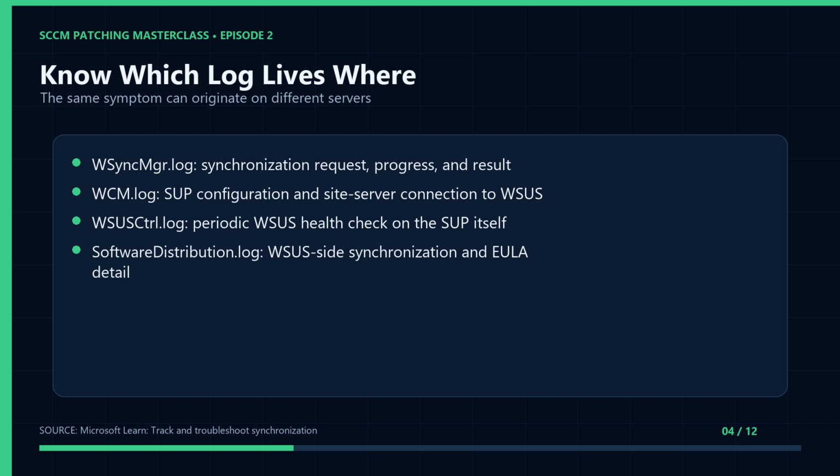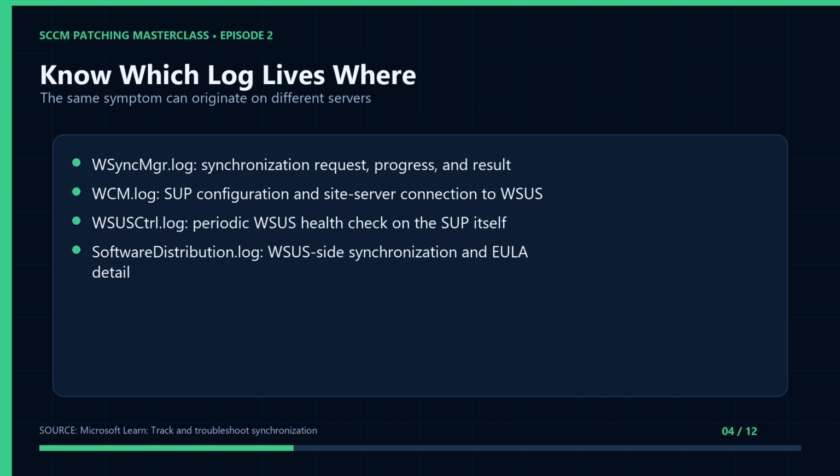In a hierarchy, follow Microsoft guidance for tier order rather than cleaning servers randomly. A neglected SUP can make cleanup take a long time, so do not start an aggressive maintenance job without backup, monitoring, and an approved window. Healthy maintenance reduces future synchronization and client scan pressure.